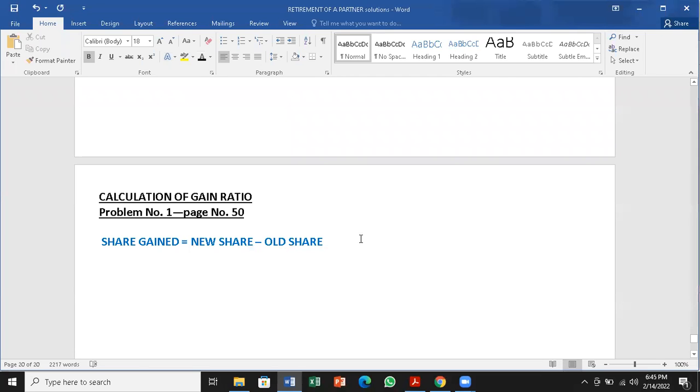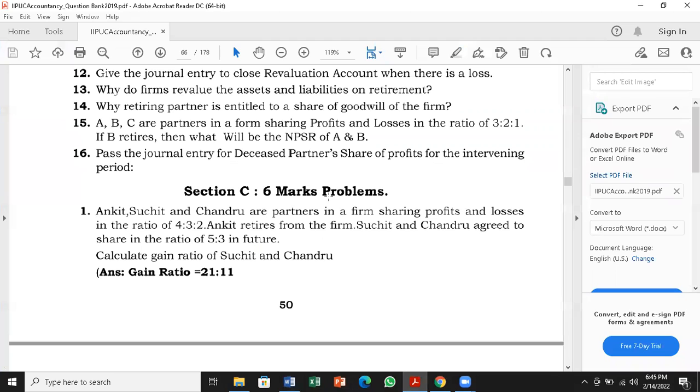So let us go for the old partner, continuing partners. What will be the share? Ankit retires, first partner. Suchit and Chandru continue. We'll check the Suchit and Chandru's gain ratio.